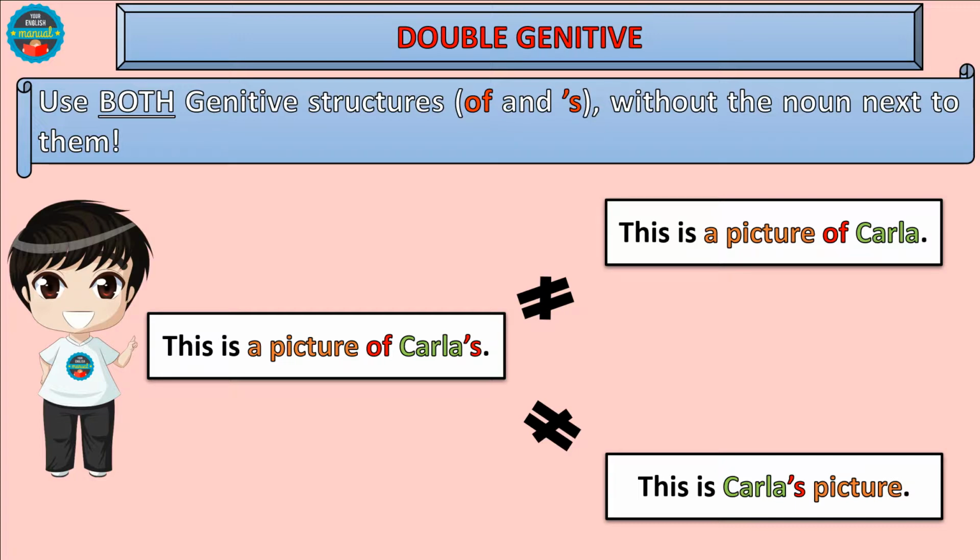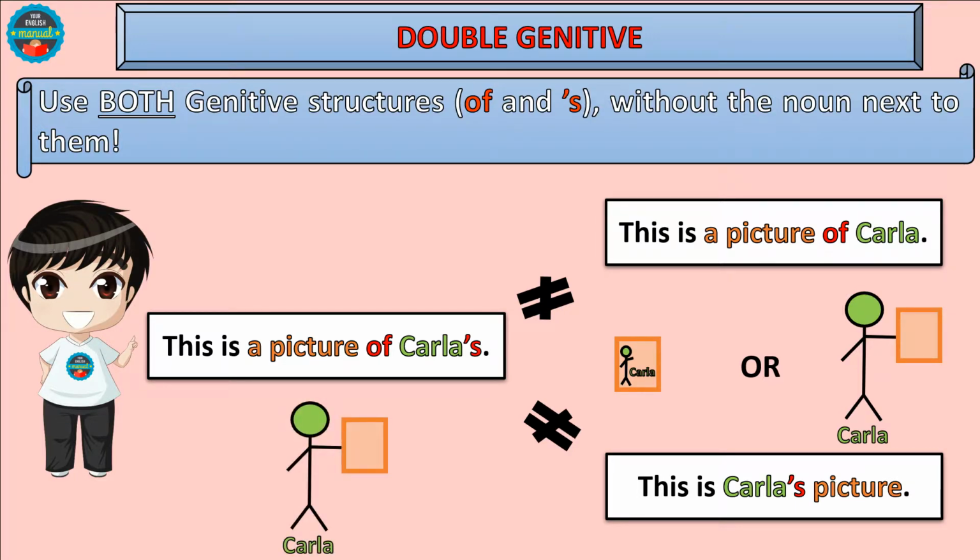We can understand that Carla is in the picture or that the picture belongs to her. In the other structure, we necessarily said that this photo, which can be of a house, of an animal, anything, belongs to Carla. In other words, this structure can be very useful to avoid certain confusions.